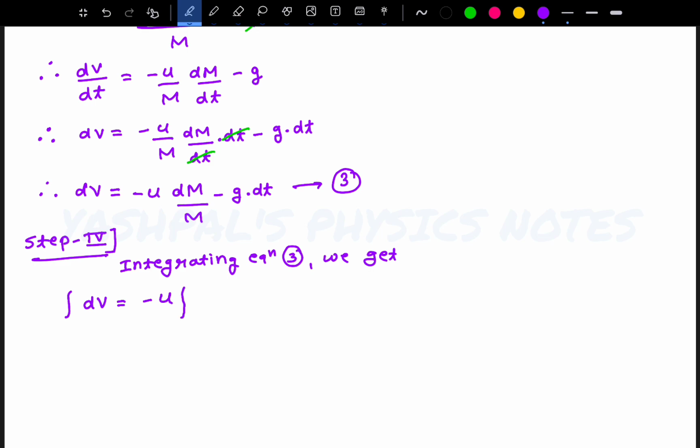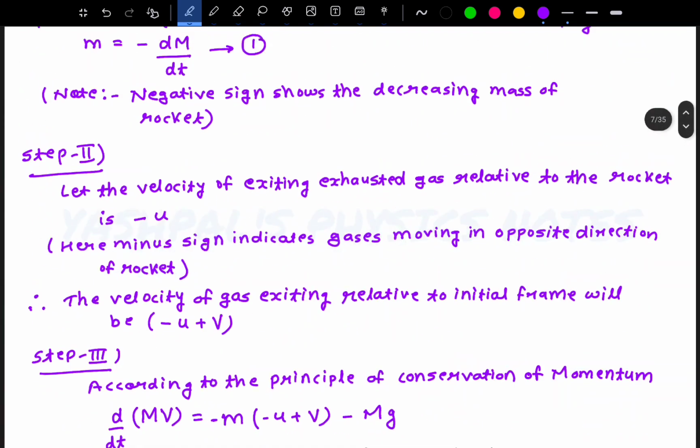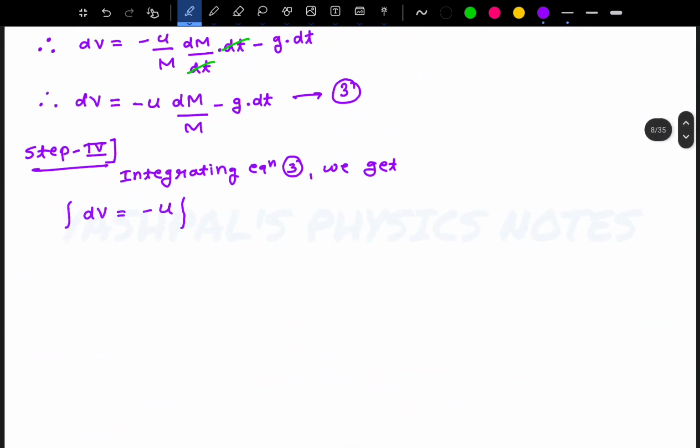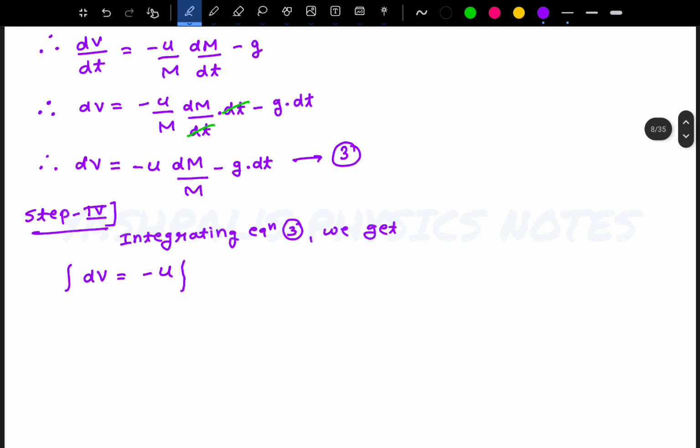What is changing is capital M, that is the instantaneous mass, which is changing due to burnout of fuel in the rocket. So that's why I am writing here integration dm by capital M minus g, where g is acceleration due to gravity, which will not be changing, which will be constant. So write the remaining term, integration of dt.